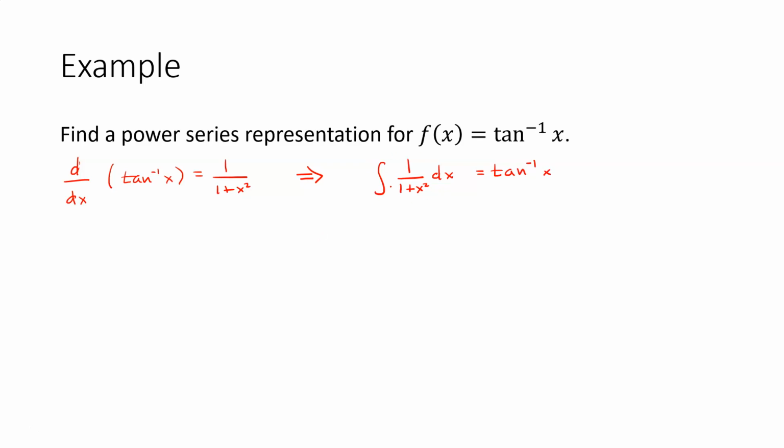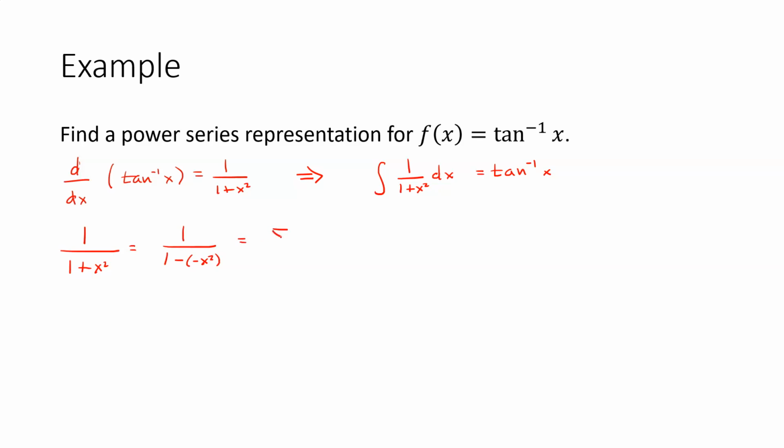So in this case, that's how we'll be approaching it. In order to find the power series of tangent inverse, we'll be integrating the power series of 1 over 1 plus x squared. And to remind you, we approached this same problem earlier by writing 1 over 1 plus x squared as 1 over 1 minus negative x squared.